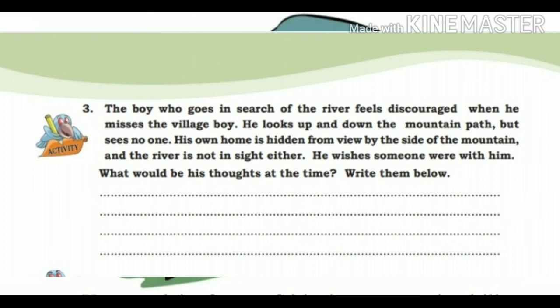These all things we can write. But you have to change it into sentences. We can relate all these feelings to him and make sentences, about his fears too. Then like that we can write his thoughts.